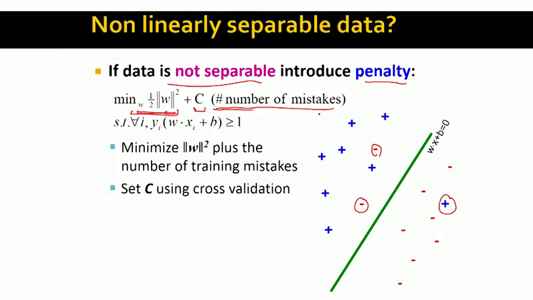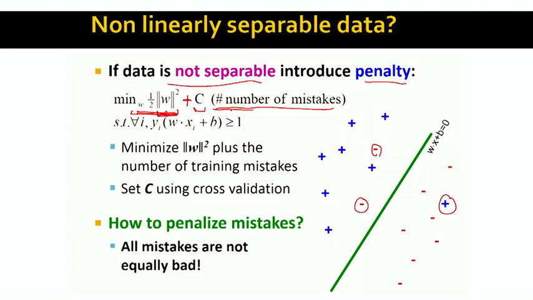So the idea, in a sense, is that minimizing W gives us the line that has high margin, while the second part of the optimization problem, the one on the right, wants to control for the number of mistakes. And the idea here is that we will have the value of C and set it, and the goal is to find a separating hyperplane, a line that both has good margin and makes a small number of mistakes.